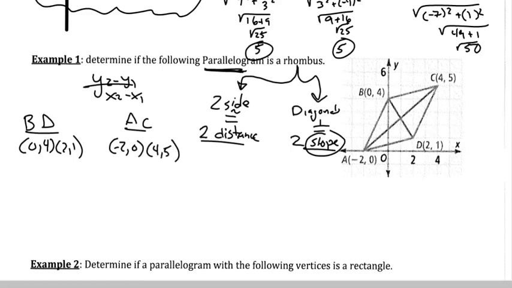Let's see what those slopes are. If one is the same as the other except for they're flipped and switched, then we know that they're perpendicular, and that would be enough to show that it's a rhombus.